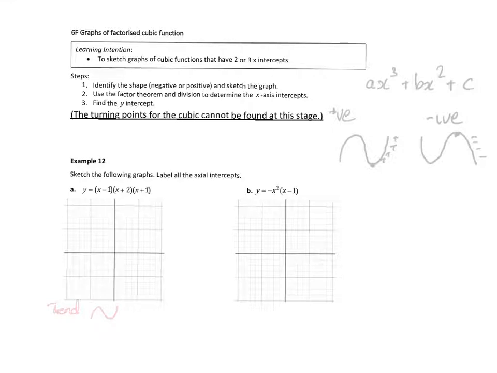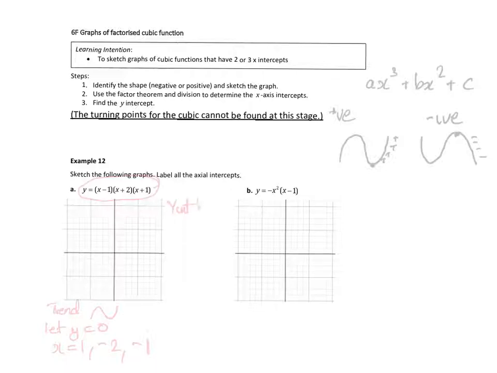And what do we know here? Well, you can see that we have got our x-intercepts already because it's in factor form. So when we let y equal 0, we get x equal to 1, x equal to negative 2, and x equal to negative 1. They are our three x-intercepts. Do we have a y-intercept? I think so.